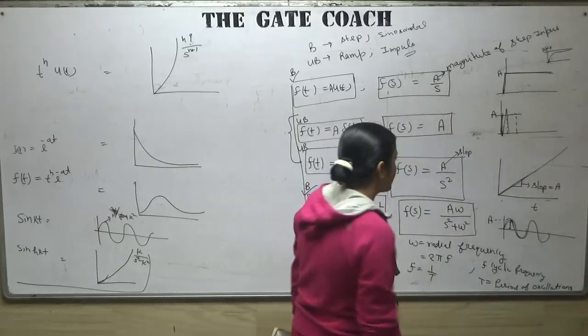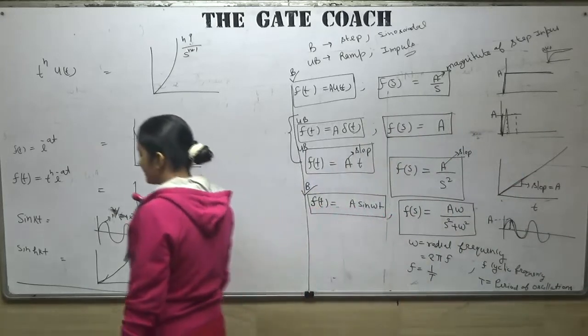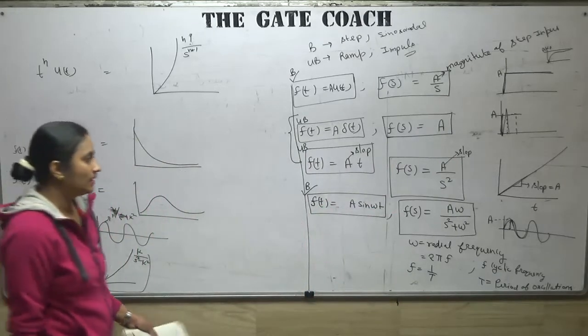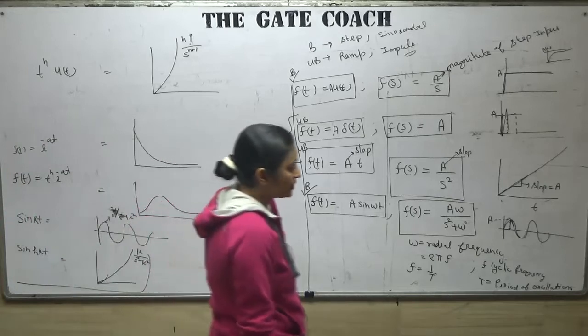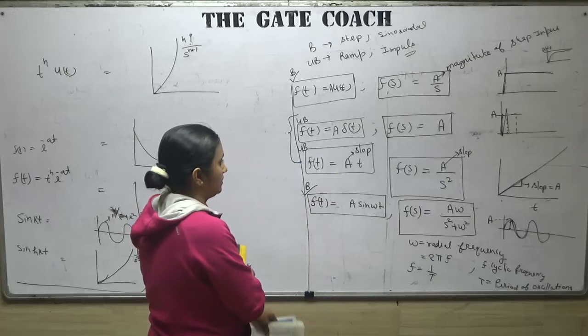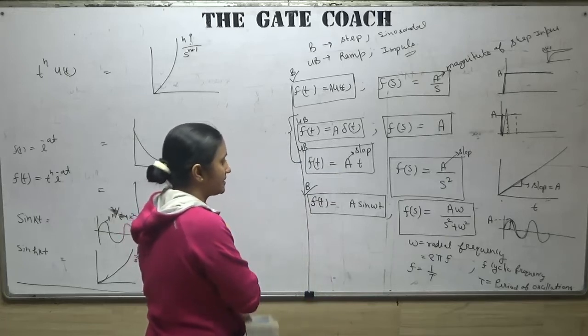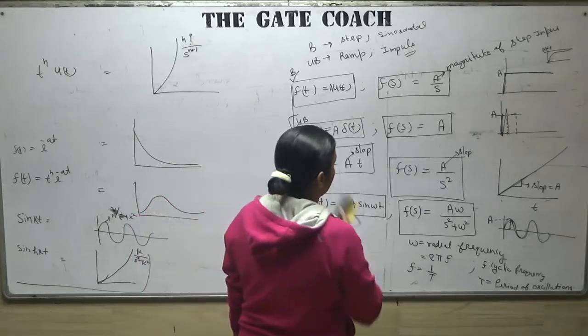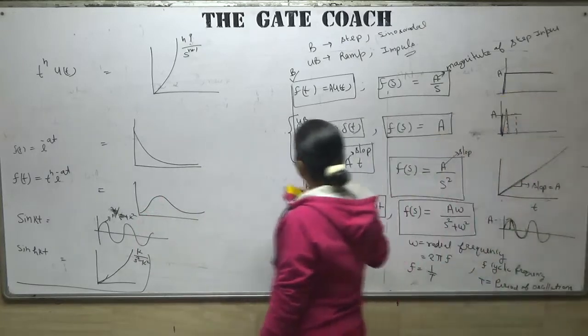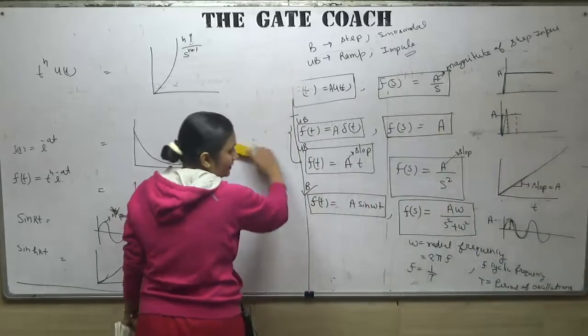But this is not a sufficient condition to establish the stability of any system. This is an idea, we can say, and to check the exact stability we have to perform other tests like the Routh test and other stability tests, right? Should I erase it?